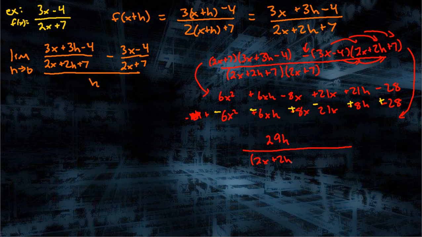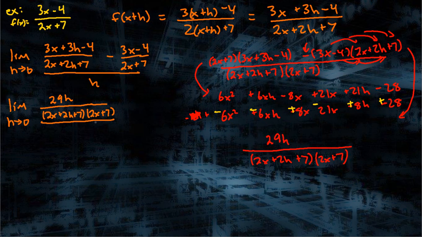2x plus 2h plus 7 times 2x plus 7. We aren't going to multiply that piece out. Okay, so all that, we got to go back. That's my numerator. So limit as h approaches 0, I have 29h all over 2x plus 2h plus 7 times 2x plus 7 all over h.